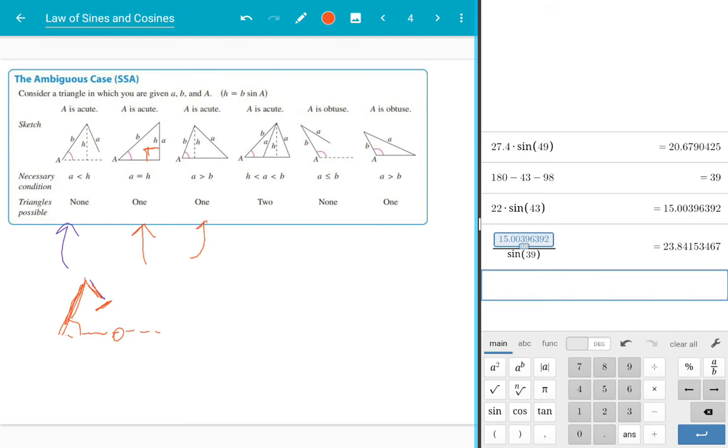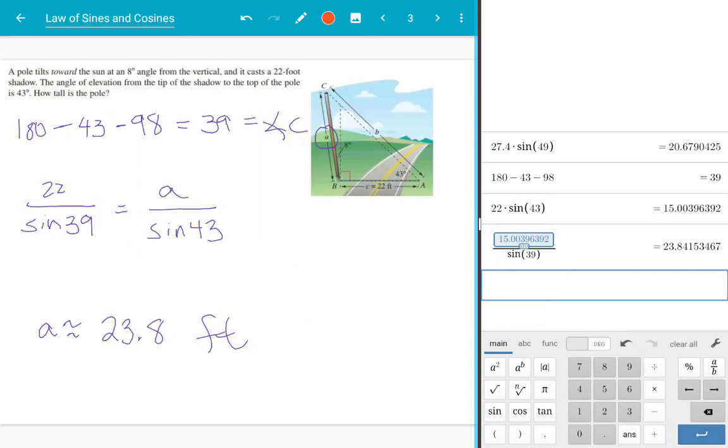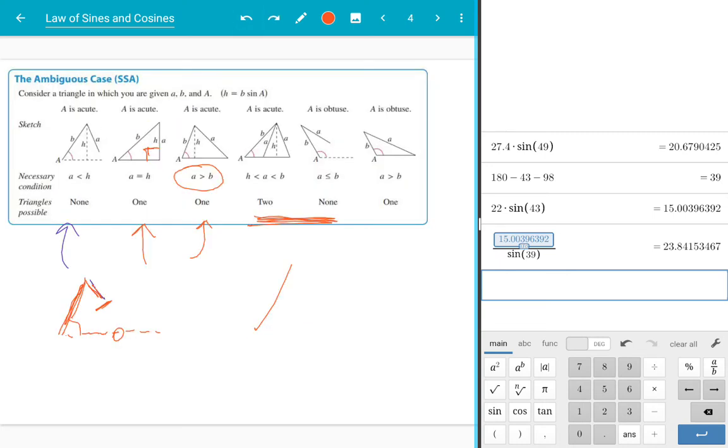All right, now here's one, and this is where A is large enough to create a triangle for us. The ones we have to worry about are here, because we have options of two and none. The two-solution case is interesting because we have our angle and we have a side.